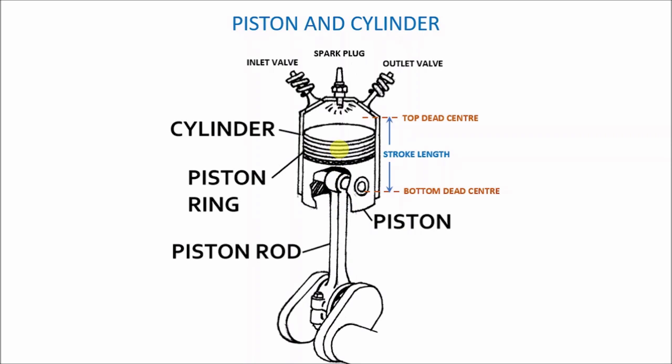And as soon as the piston reaches the lowest position that it can reach, which is called the bottom dead center, BDC in short, when the piston reaches the lowest position, the inlet valve is going to close. So now both the inlet valve and the outlet valve are closed, and then the piston will again begin to move up.